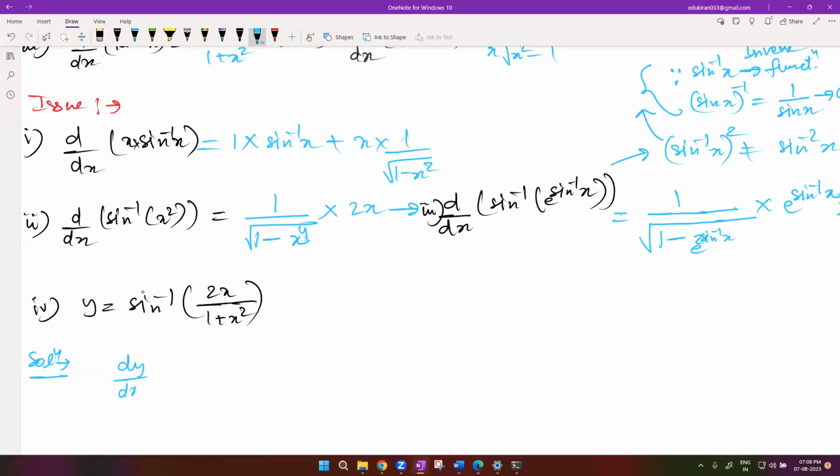Let's even do that. But you will observe that to do this with chain rule, you'll need to simplify a lot. If you are differentiating this function, then you will first differentiate sine inverse. The differentiation of sine inverse x is 1 upon root over 1 minus x squared. So this would be 1 upon root over 1 minus, 2x upon 1 plus x squared, whole squared.